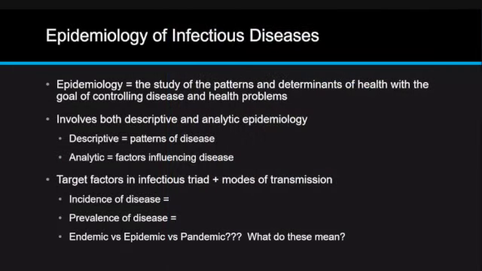Okay. I mentioned it in the beginning when we were looking at the triangle, the epidemiology side of things. That's kind of the environmental side of things and how that impacts everything. Epidemiology, as you've learned, studies patterns and determinants of health, hoping to control disease and other health problems. So all these social determinants become part of epidemiology. There's both descriptive and analytical epidemiology.